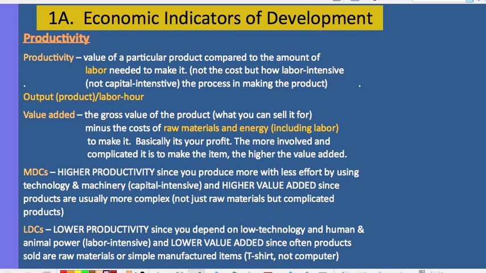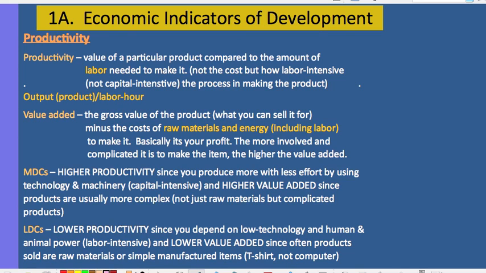If it's very labor intensive to make the product, then you put a lot of cost into labor, and so you can say that you weren't very productive. It was very highly labor intensive.